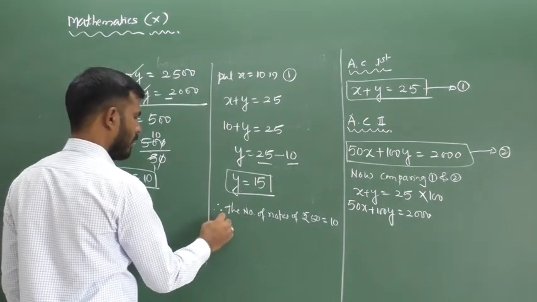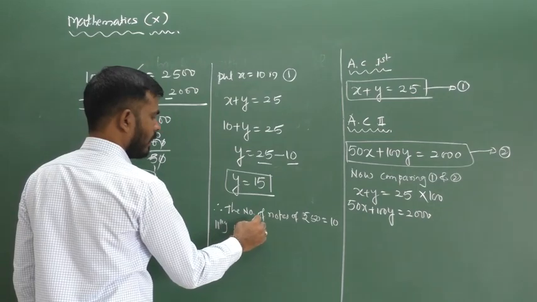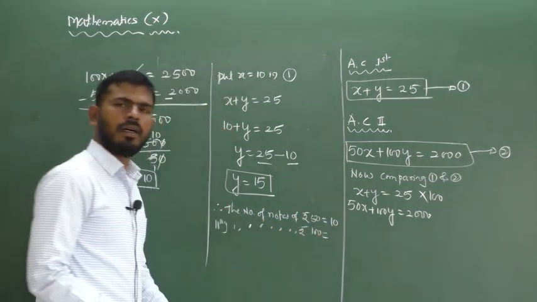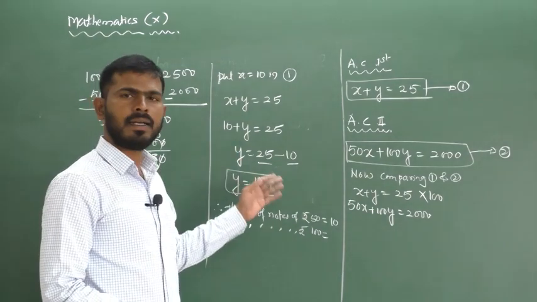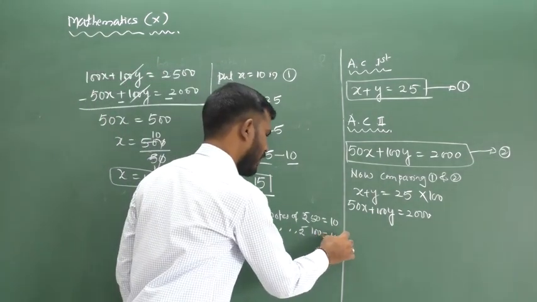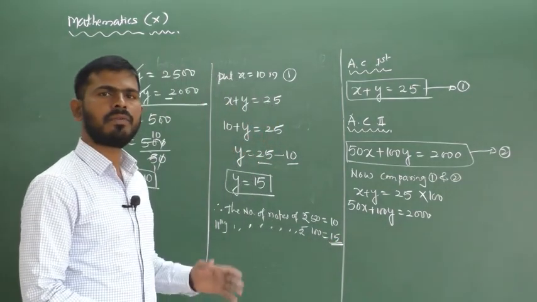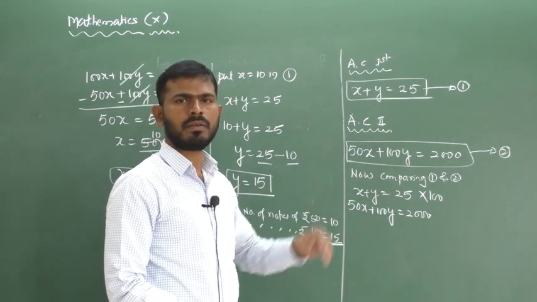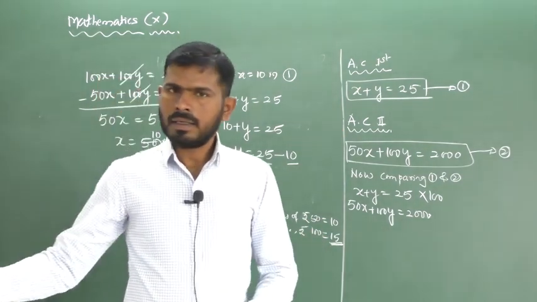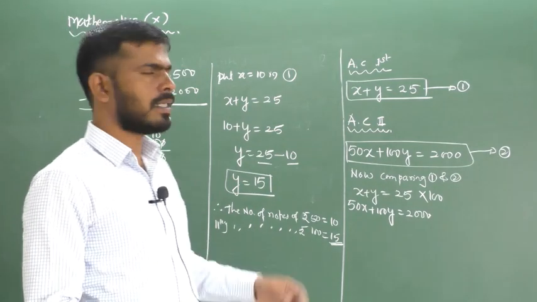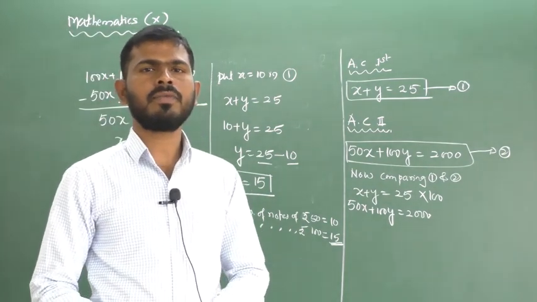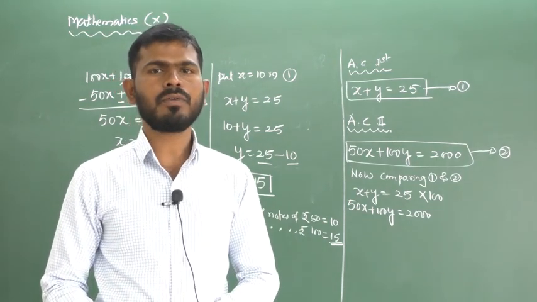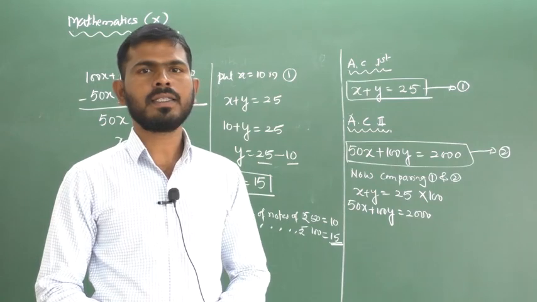Similarly, the number of notes of rupees 100 that Rushi has is 15. If you add them, the total number of notes is 25, so 10 plus 15 equal to 25. In this session we discussed how to find the denomination of 50 rupees notes and 100 rupees notes. In the next session we will discuss some more word problems of a pair of linear equations in two variables. Thank you.